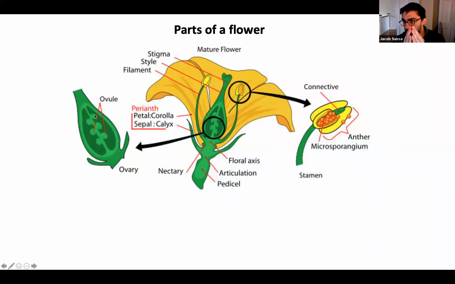It could be one, right? Then it would be one carpel, one ovary. Well, we'll get into the difference between ovaries and carpels, but essentially you have the ovary, which can be composed of one carpel or multiple. And then within the ovary are the ovules.